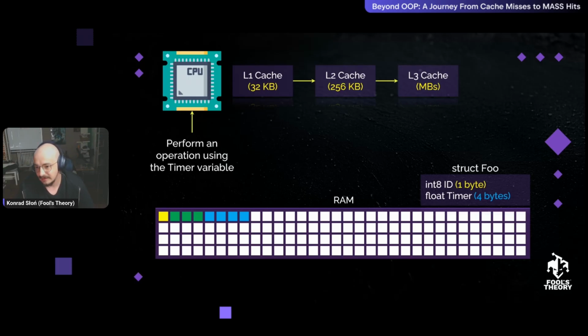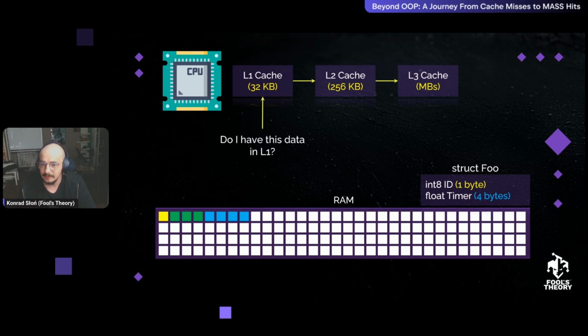But each of these caches is much faster than getting data directly from memory. So when you want to perform an operation using the timer variable, the CPU will check whether it has that data loaded in its cache. It asks, do I have this data here in the L1 cache? If not, it will check in L2. If not there, it will check in L3.